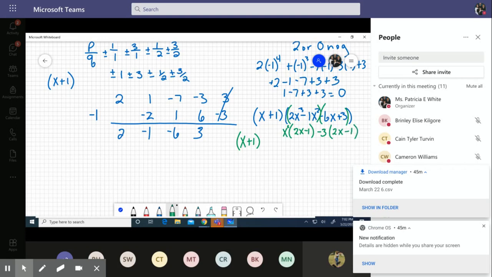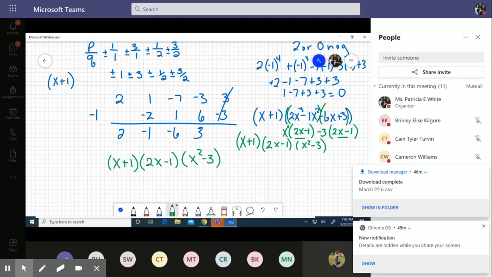Now who's my common factor? 2x minus 1. Okay, so now I have 2x minus 1, and I have x squared minus 3. So my answer is x plus 1 times 2x minus 1, x squared minus 3.